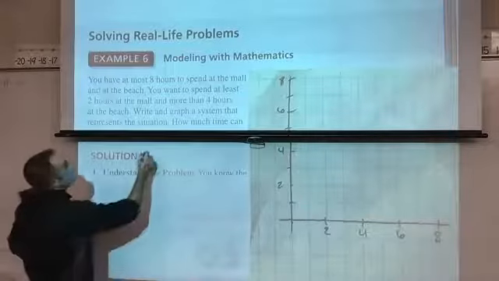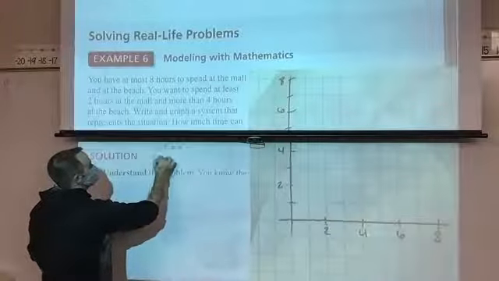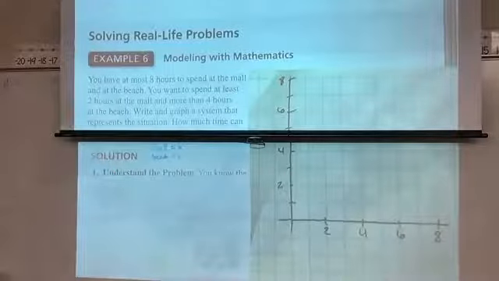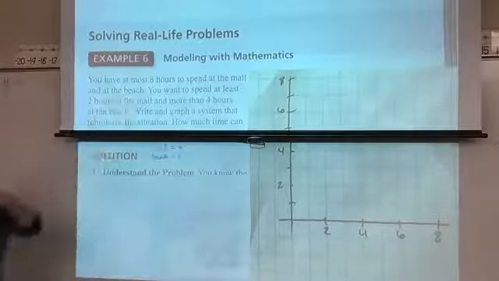So I'm going to say that the mall is x, and the beach is y. And it's important to know which one you're talking about for which. All right, give me an inequality that talks about just the mall.